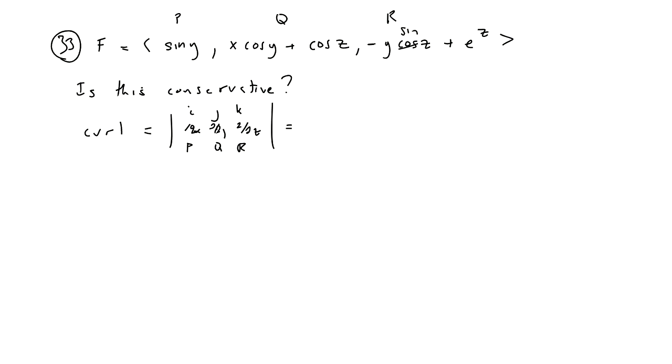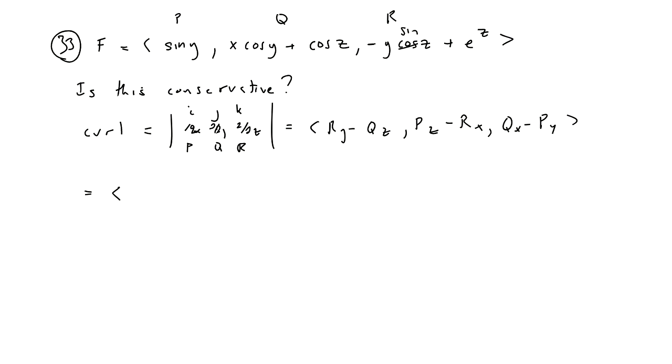Because it's a memorization technique, and for the test, you can just write it down. So to be conservative, we need all the second derivatives to be equal. And that's the same thing as saying that the curl needs to be 0.